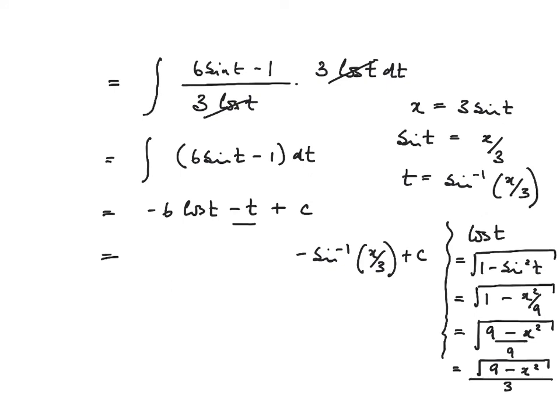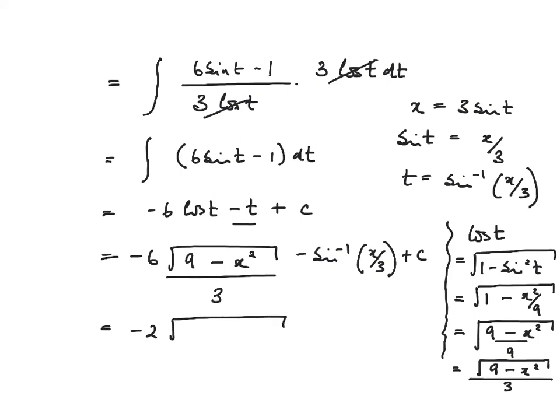So we've got minus 6 lots of square root of 9 minus x squared over 3, and that gives us minus 2 root 9 minus x squared minus sine to the minus 1 of x over 3 plus c.